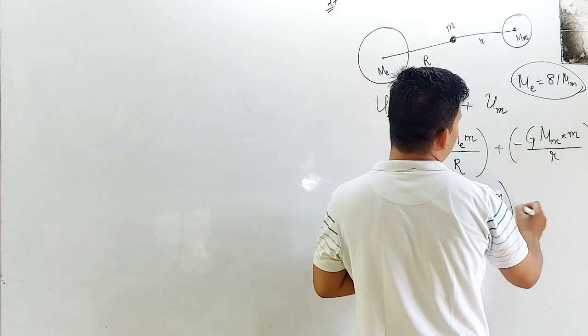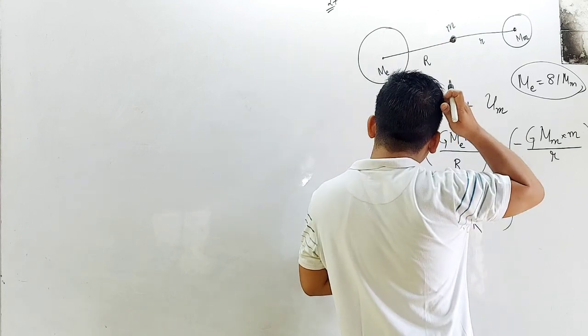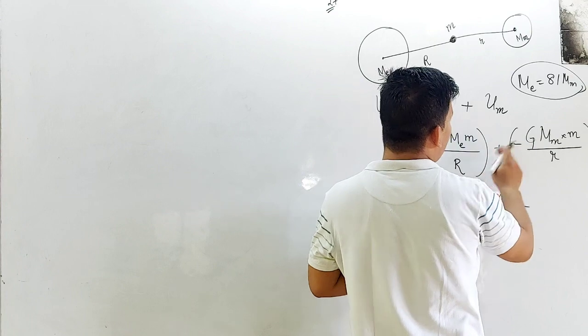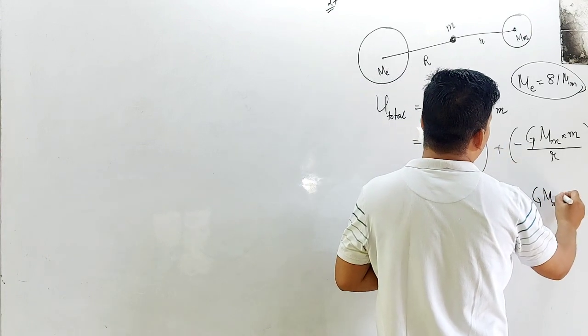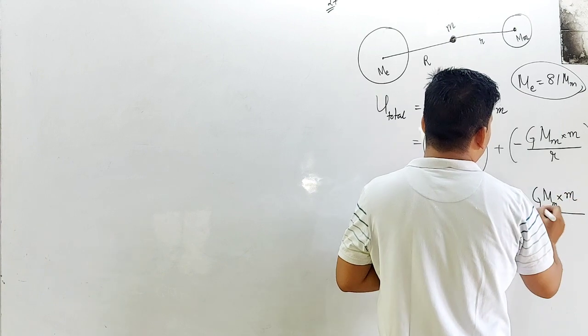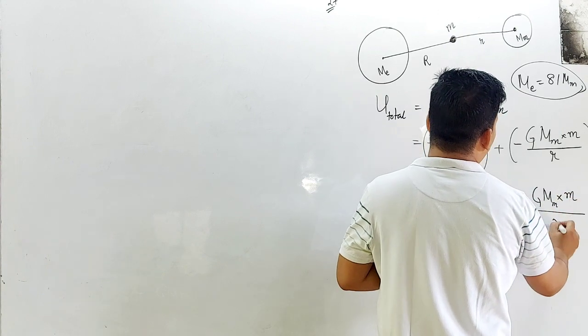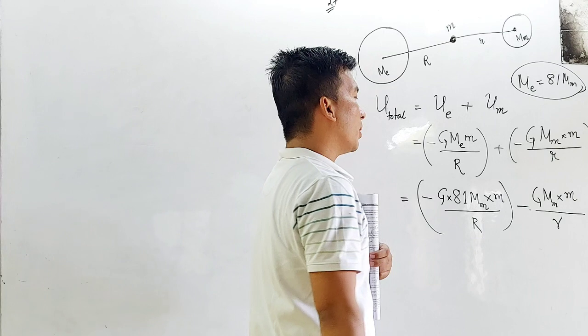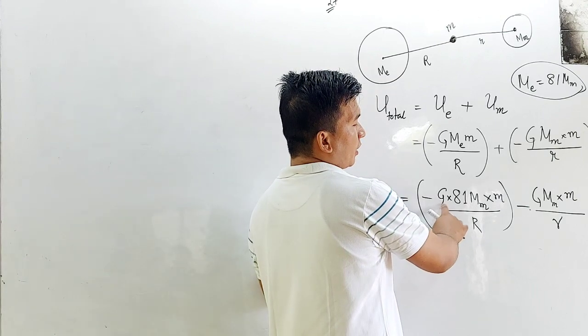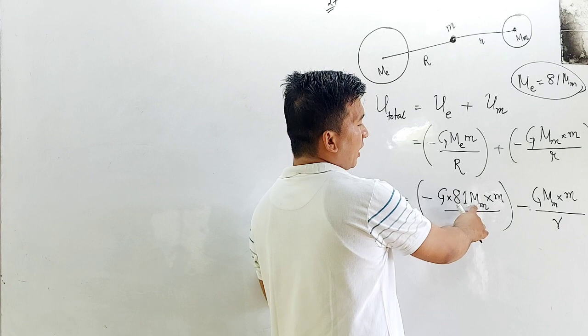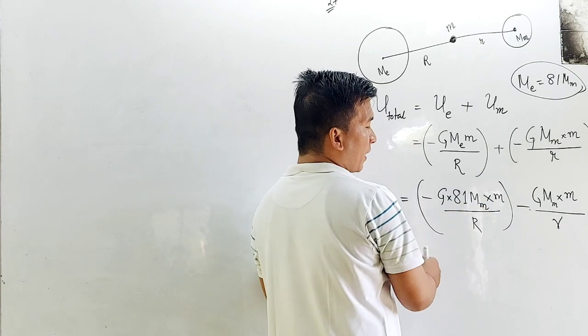The first expression is minus again. This is minus plus minus, minus capital G, capital M, small m into small m, divided by small r. We can take capital G, capital M, small m common.